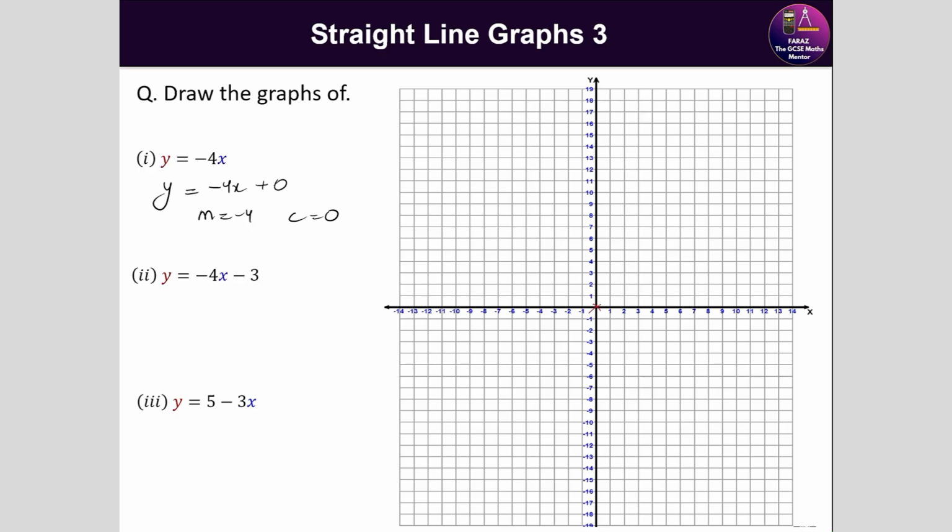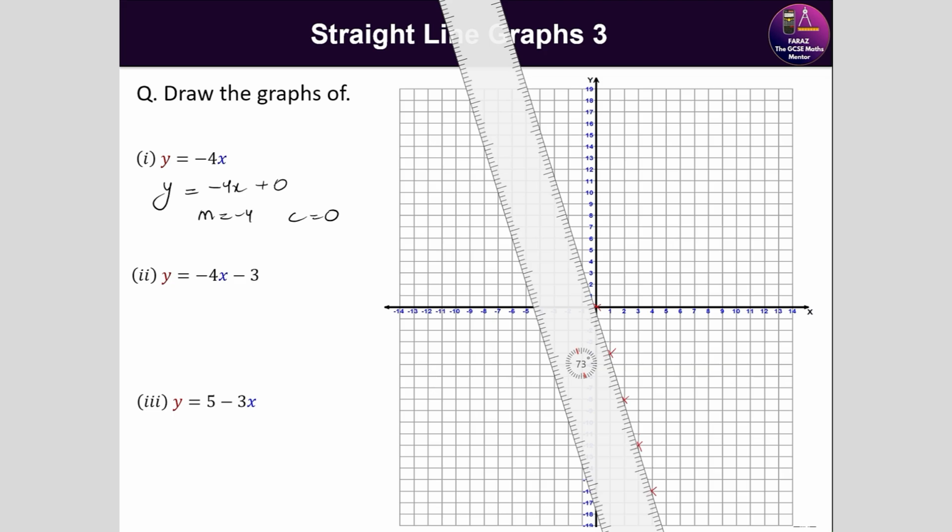Now go across 1, down 4, 1 2 3 4, and repeat across 1, down 4 from each new point. Join them together. With the help of a ruler we can easily join them like this.